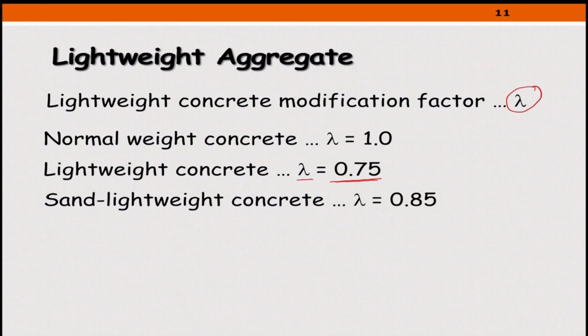If we use coarse aggregate, like the one we use for normal concrete, but we use sand, which is fine aggregate that is lightweight, then we use lambda in between, which is 0.85. Of course, this information should be known for the project you're working with, and therefore you will be able to select properly the value for lambda.